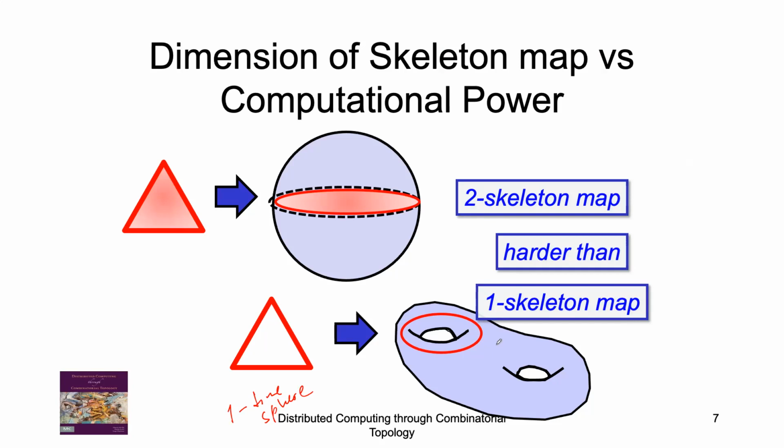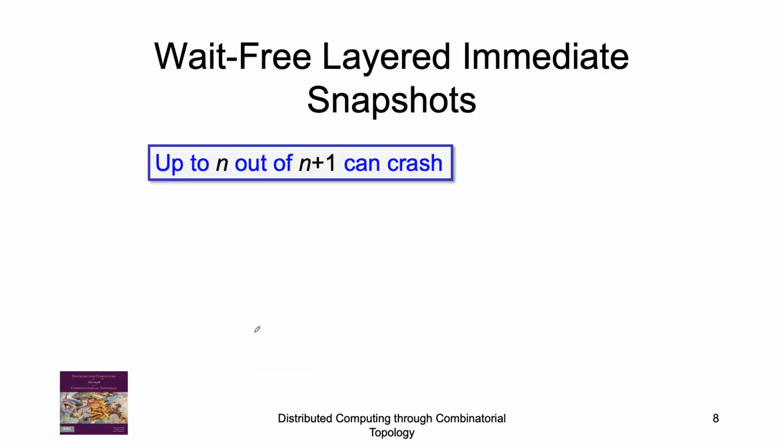But you cannot extend it to a map from the two-dimensional disk to the interior of the sphere. So it just illustrates the fact that you can always restrict a map to a smaller domain, but you may not be able to extend it to a larger domain.